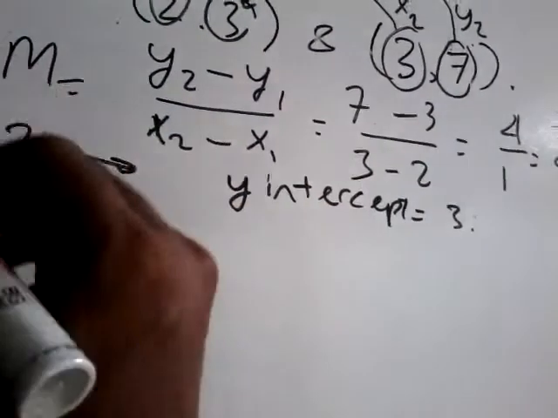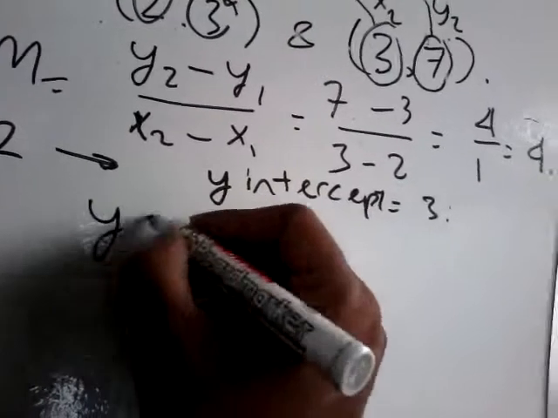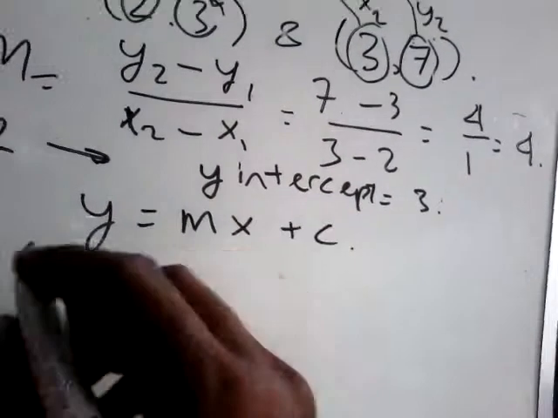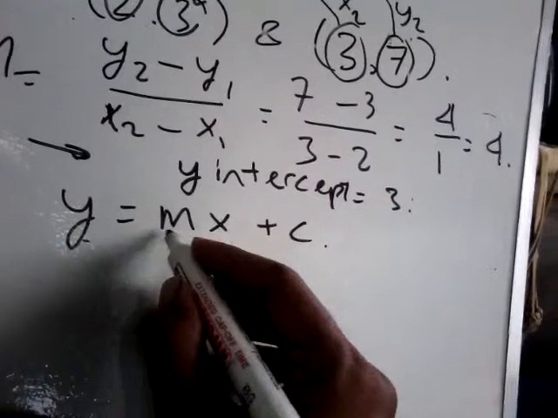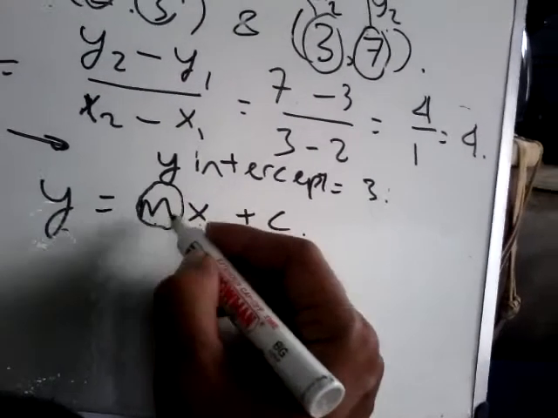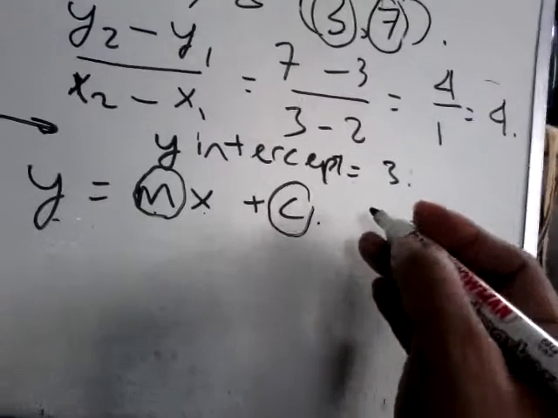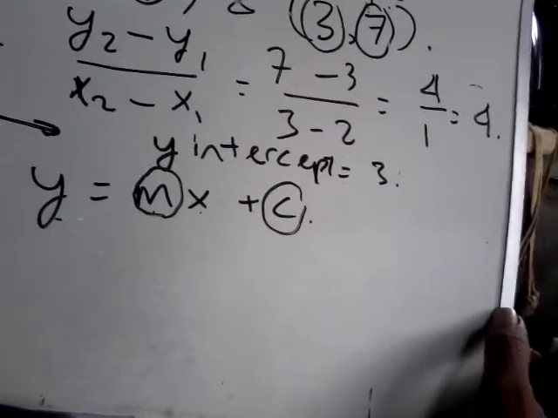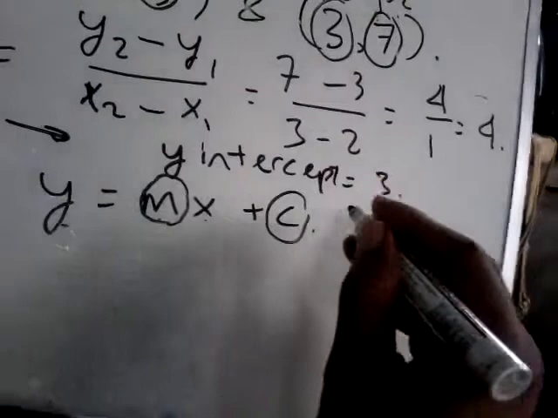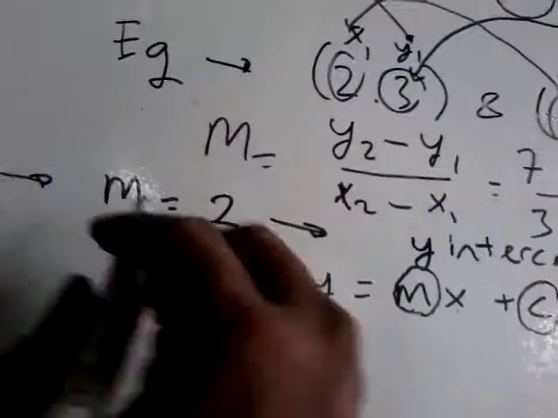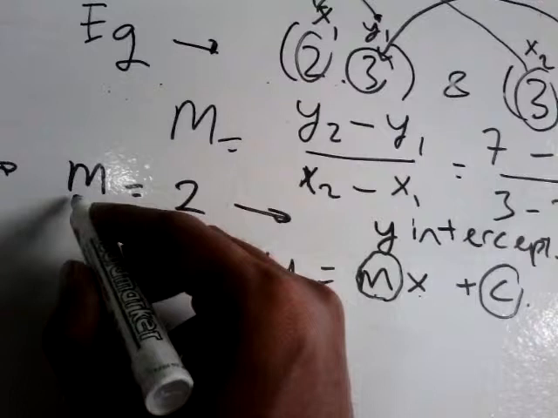To find this, you use the formula as you have known already: y equals mx plus c, where m is the gradient and c is the y-intercept. Just put it in.